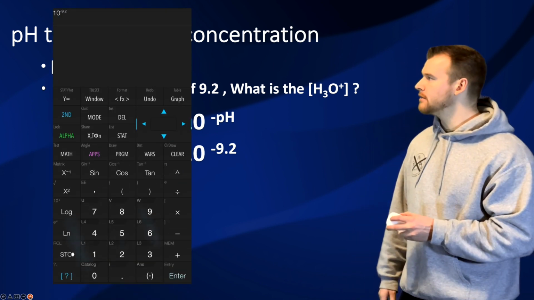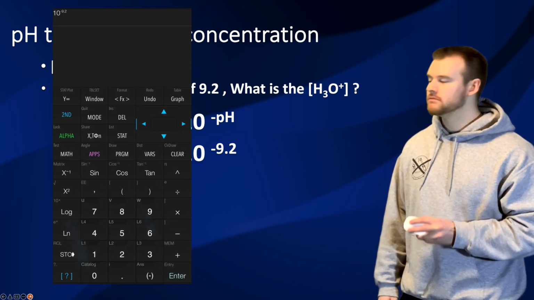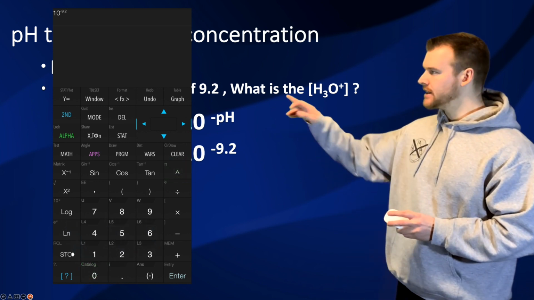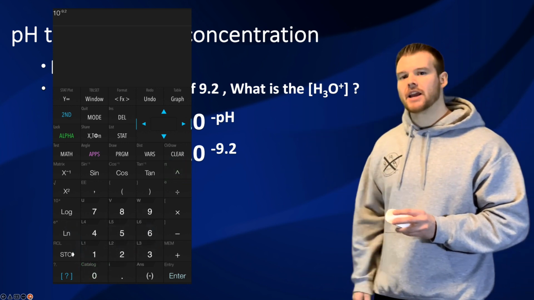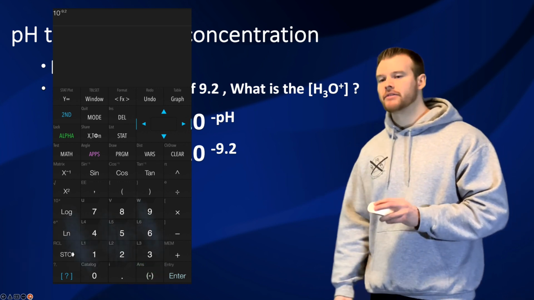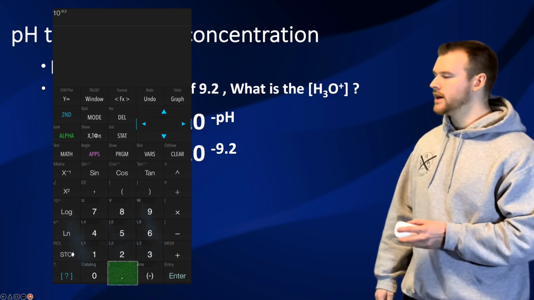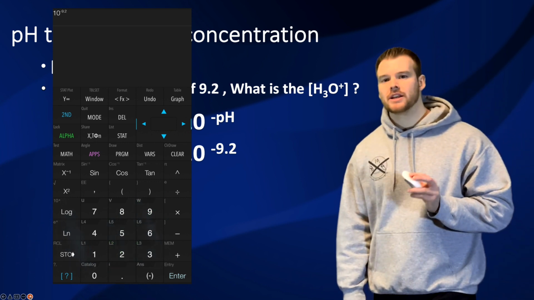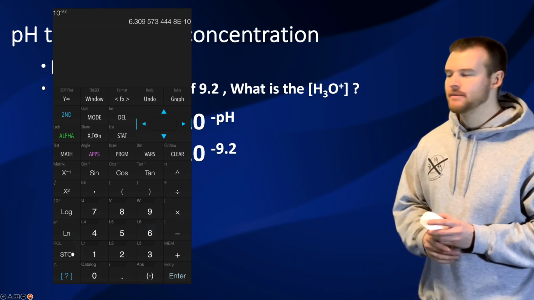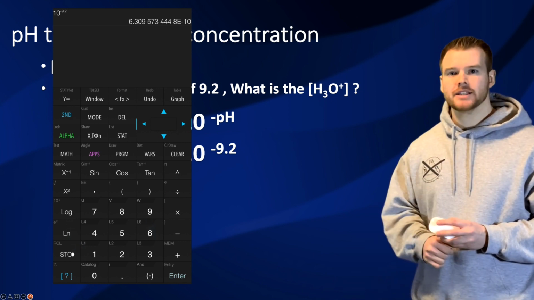And in our calculator, we're going to put 10. So 1, 0. And then we're going to press this little button at the top there, that little arrow that's going to give us the exponent. And again, we press negative, not minus, and then 9.2. And then we should get our answer of 6.309 times 10 to the negative 10.